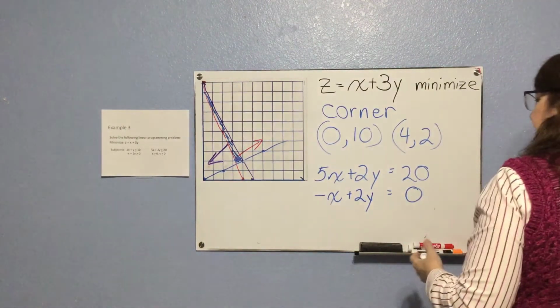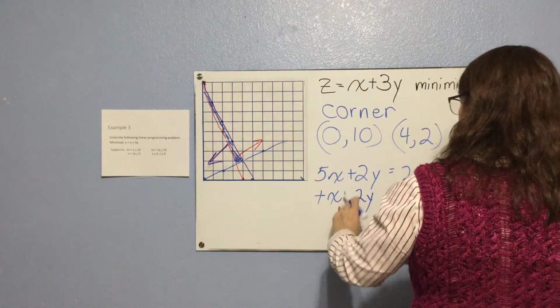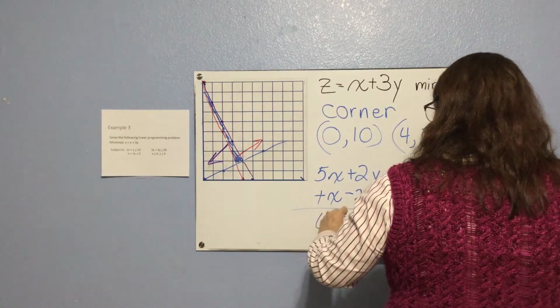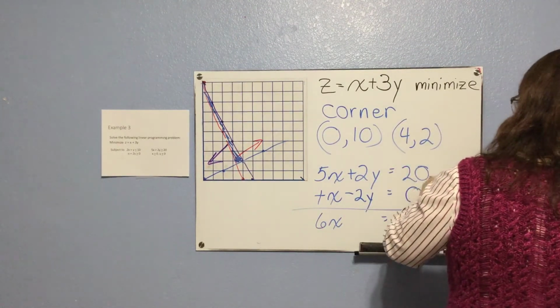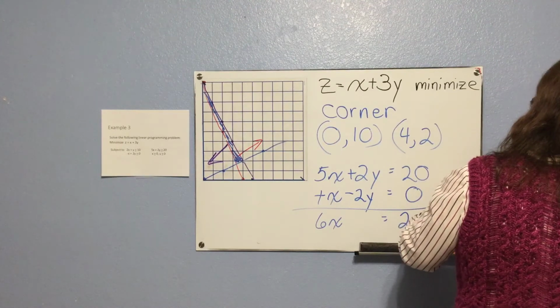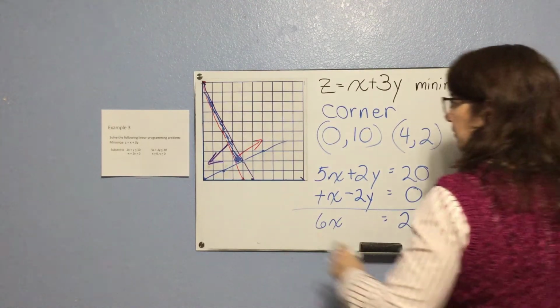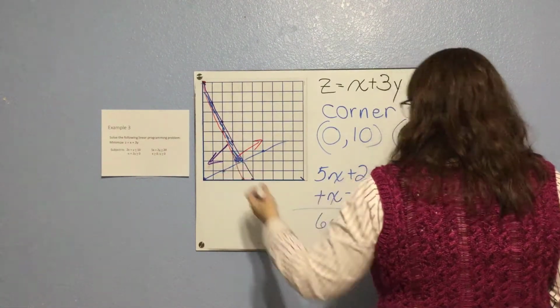So it seems very obvious to me that I need to just change the signs on this one, which gives me 6x equals 20, or x equals, let's say 10 over 3. Does that seem reasonable? 1, 2, 3, and a third. Seems reasonable.